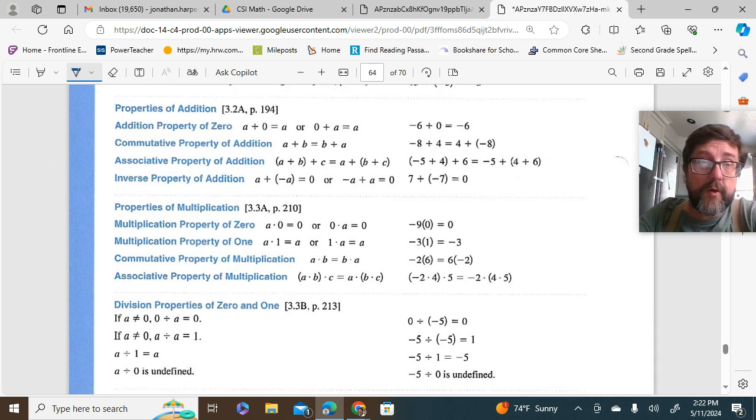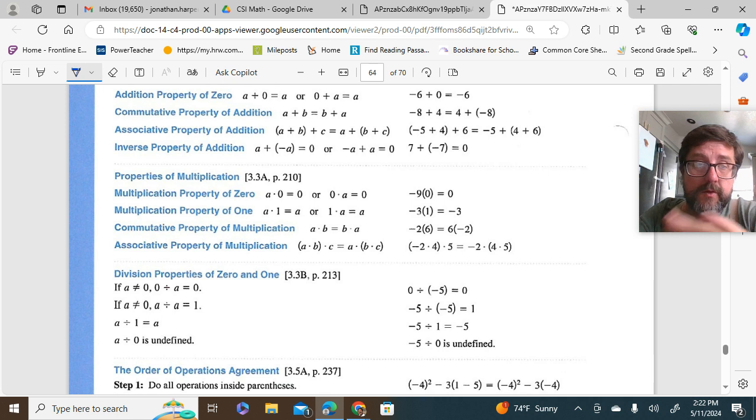The associative property of addition is a plus b plus c equals a plus b plus c; you can just change the parentheses.